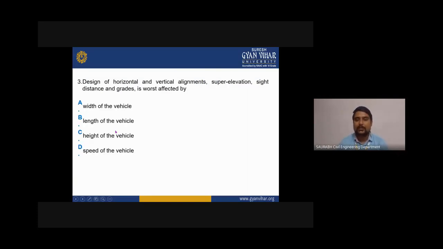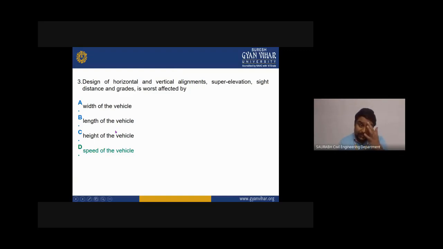Design of horizontal and vertical alignment, super elevation, sight distance and grades is worst affected by: width of the vehicle, length of the vehicle, height of the vehicle, speed of the vehicle. Four options are given, and the right answer will be speed of the vehicle. So you can understand that super elevation, sight distance and grades will be affected by the speed of the vehicle.